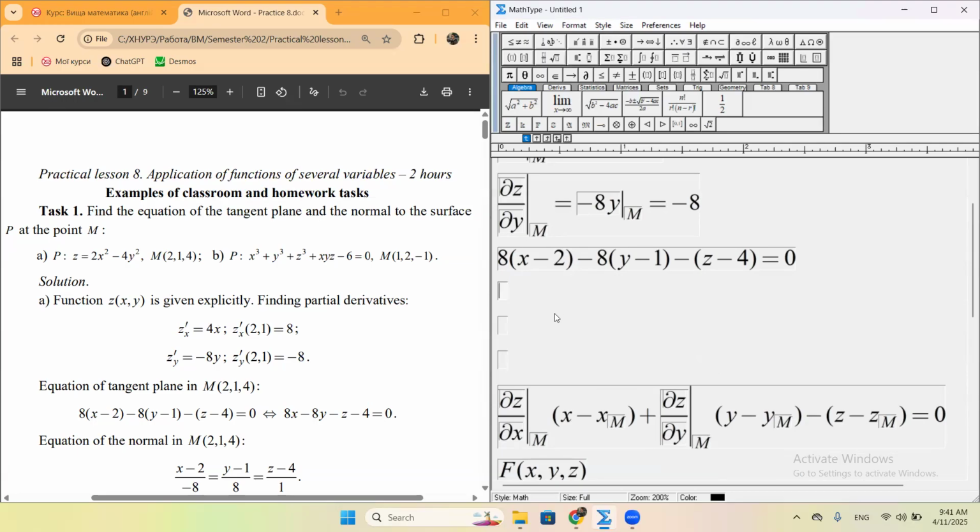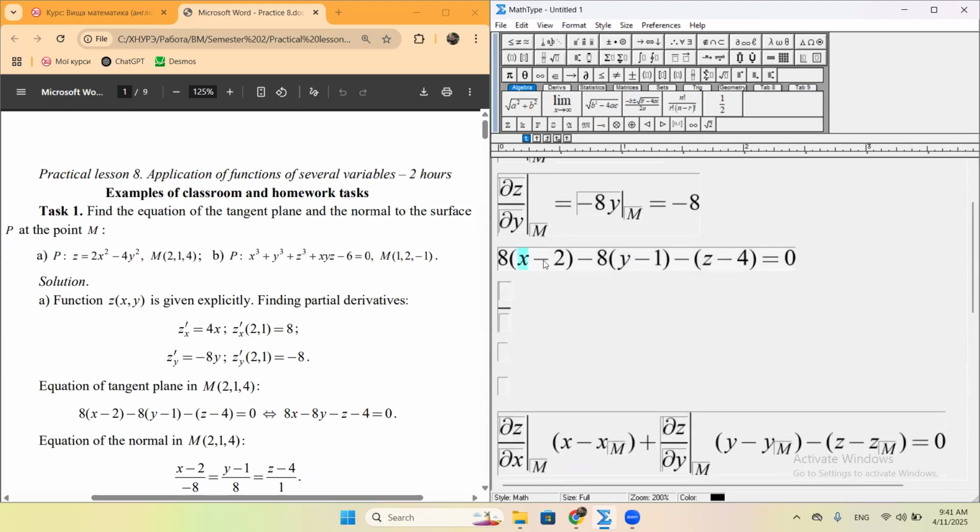So just arithmetic. And for the normal equation, we do the following. The values of the derivatives at point M are the coordinates of the normal vector for the tangent plane.